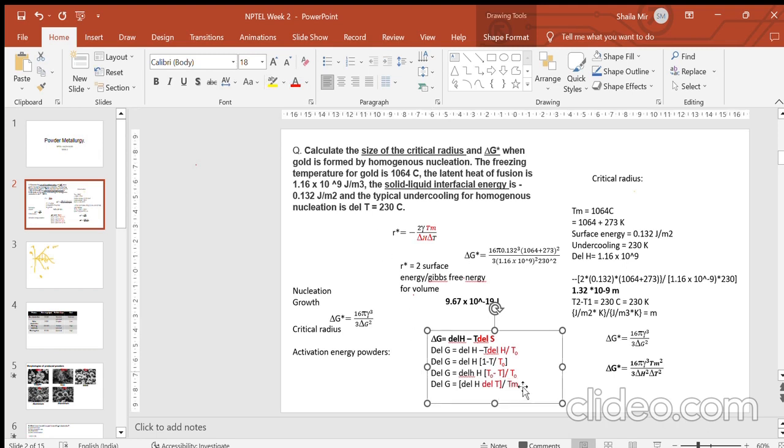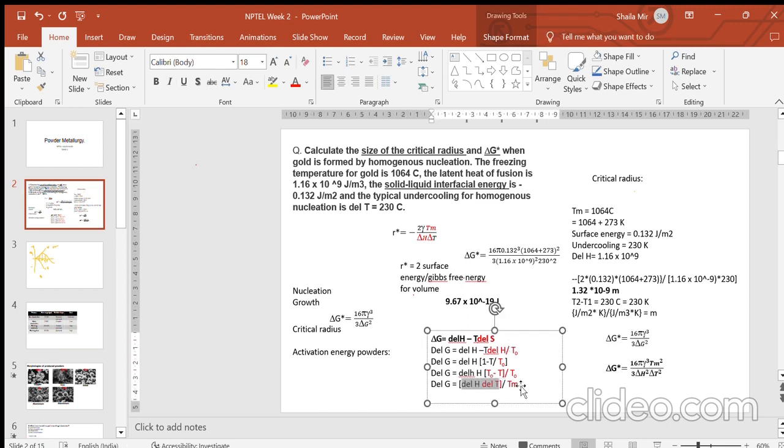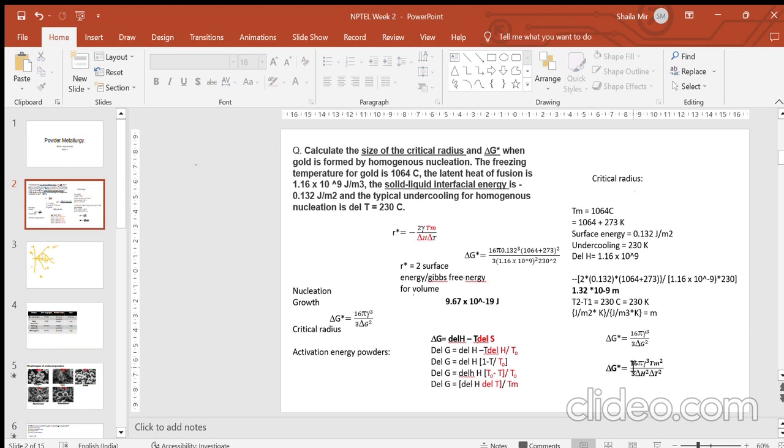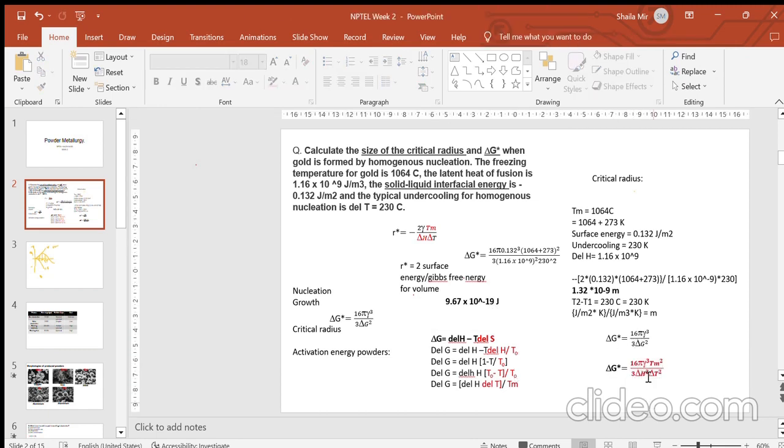So then you can write it in this equation. Now you have 16 pi surface energy raised to power 3. The melting temperature comes from this delta G. You have to replace this delta GV, the volumetric Gibbs free energy, with delta H into delta T divided by Tm. So you have just replaced it, and from this equation you have now reached this equation.